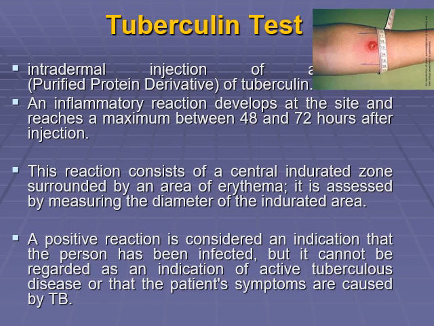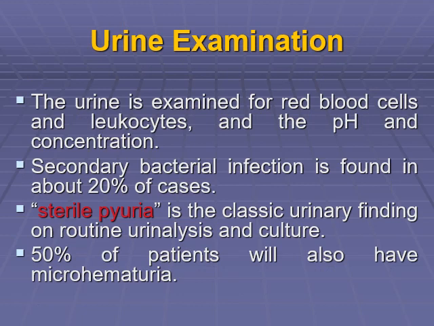It is assessed by measuring the diameter of the indurated area, but this is not a specific test because anyone who has had a BCG vaccination can react, so it is not specific. That's why we say that the tuberculin test is a good negative test, but not a good positive test. If it is negative, this means this person has had no TB before, but if it is positive, it might be from the BCG vaccination.